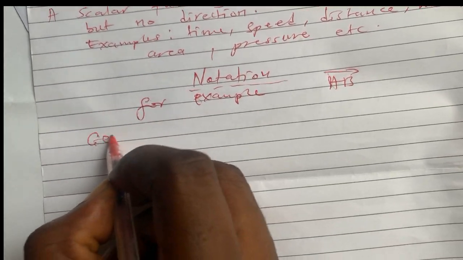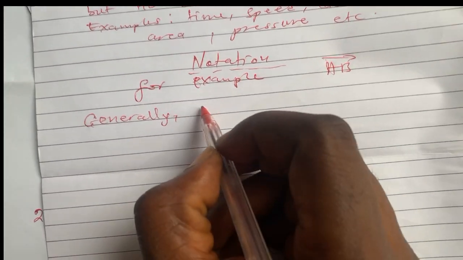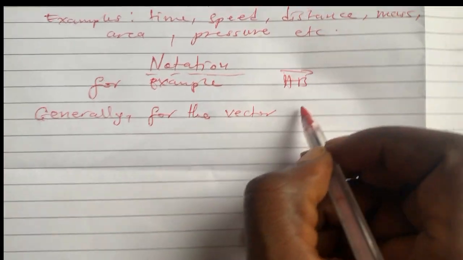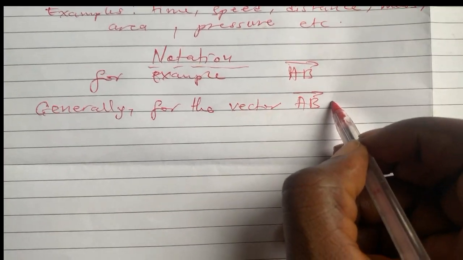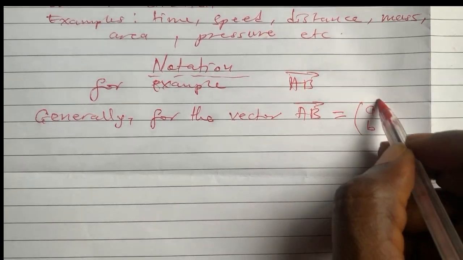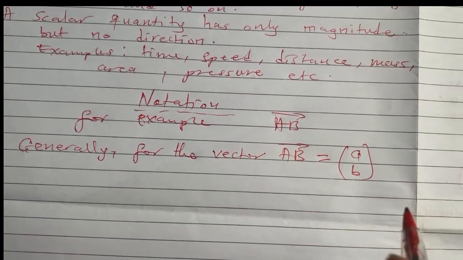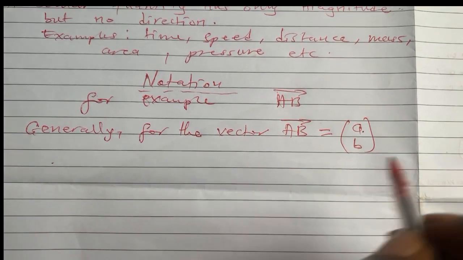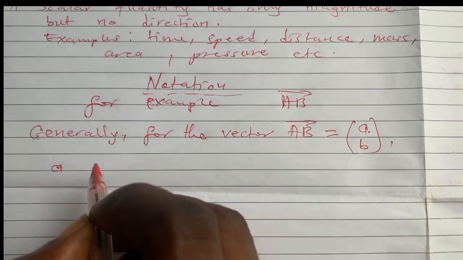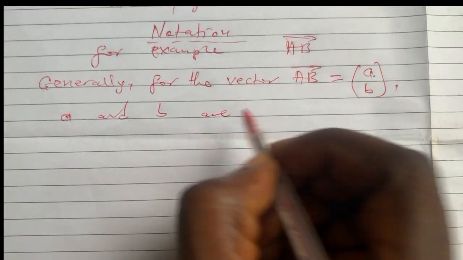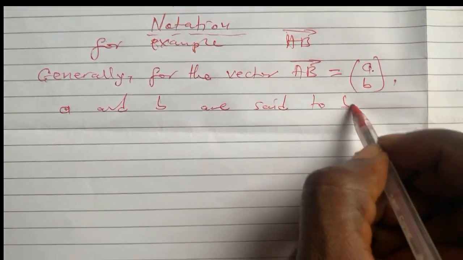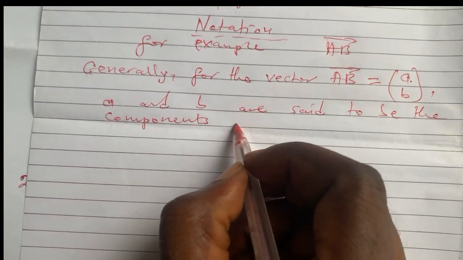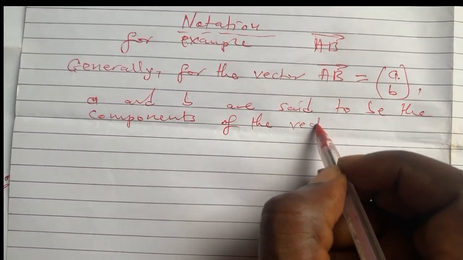Generally, for the vector AB equal to (a, b), the small a and the small b, that is A and B, are said to be the components of the vector AB.